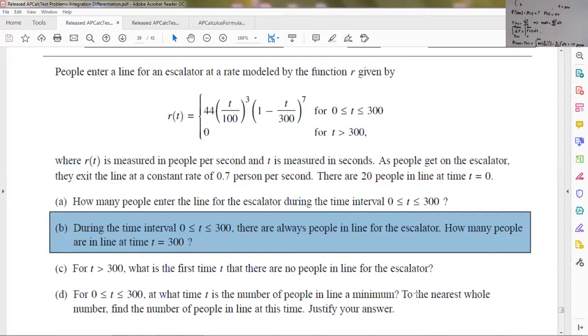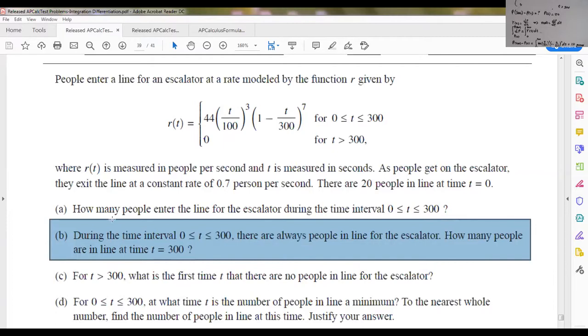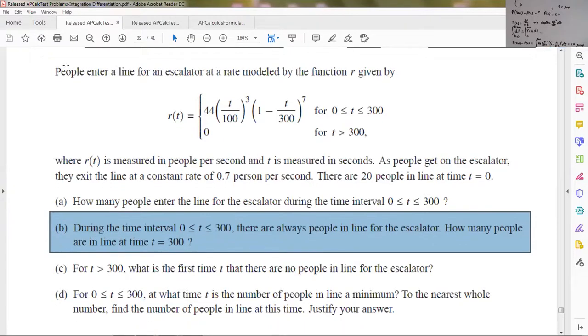How many people are in line at time t equals 300? People enter the line for the escalator at the rate modeled by the function, measured in people per second. As people get on the escalator, they exit the line at a constant rate of 0.7 people per second. Okay.